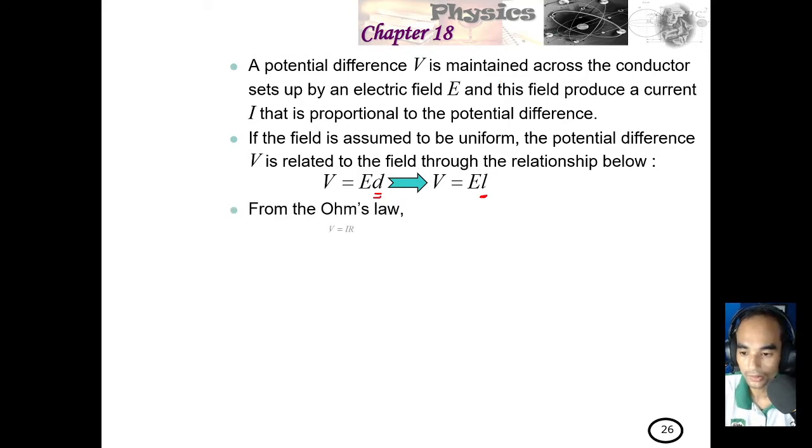From Ohm's law, V equals IR, where I equals JA.